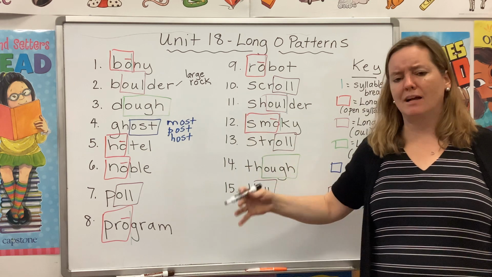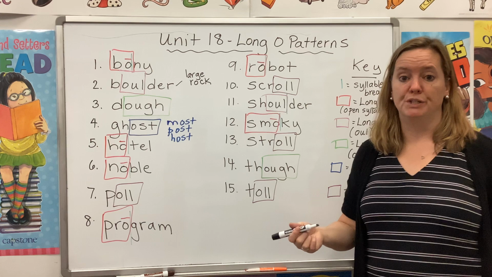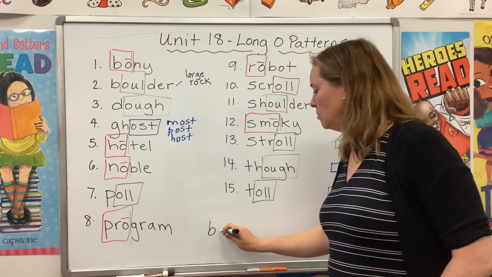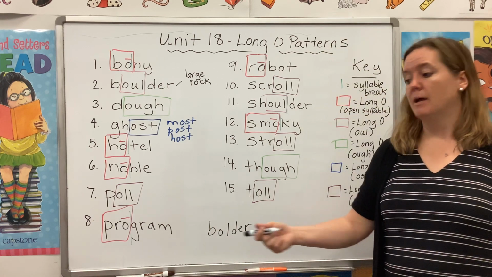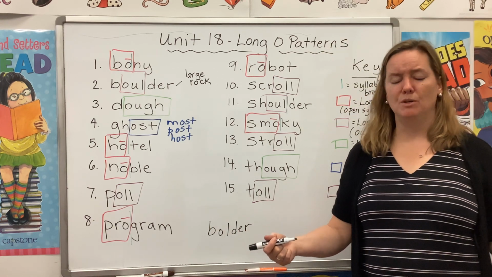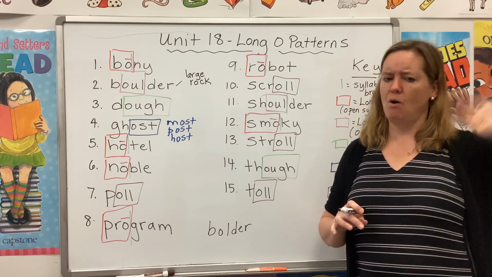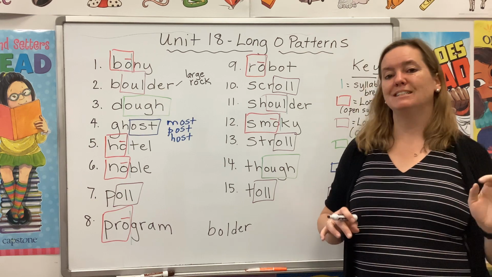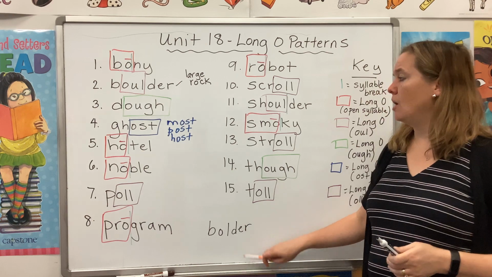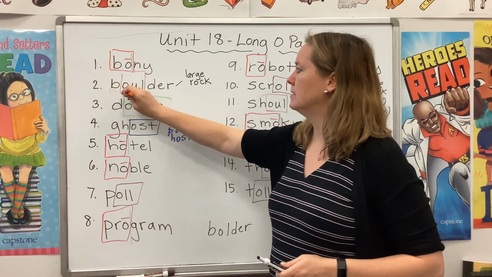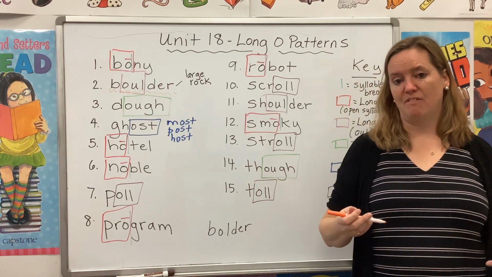Big, giant rock, too big for you to push, too heavy for you to lift, is going to be a boulder. But there's another kind of bolder that's spelled like this. If somebody is more brave than you, they're bolder. So if you're too afraid to raise your hand, your friend might say, oh, I can do it, I'm not afraid. Your friend is probably bolder than you in this situation. So I'm just going to put a squiggle under boulder to remind myself that that's a homophone.